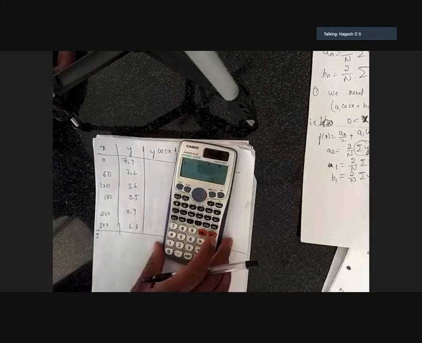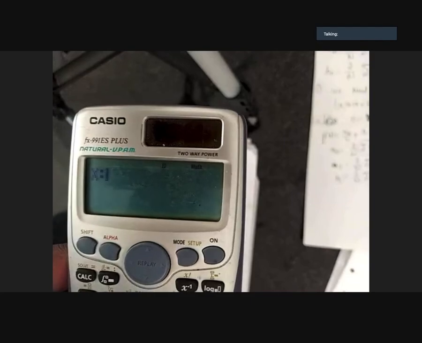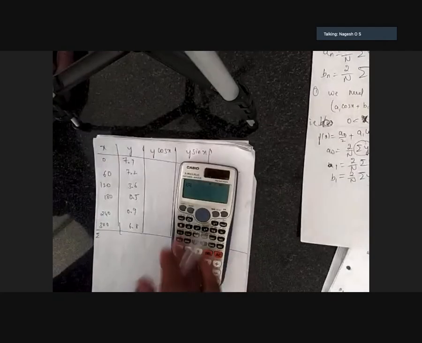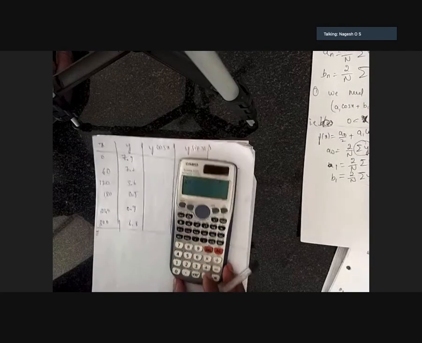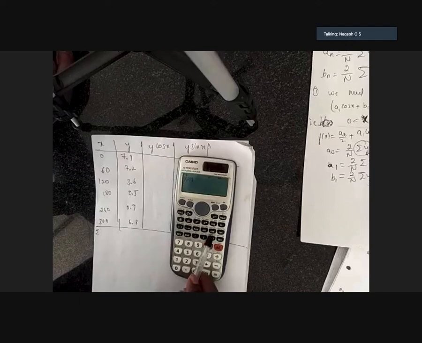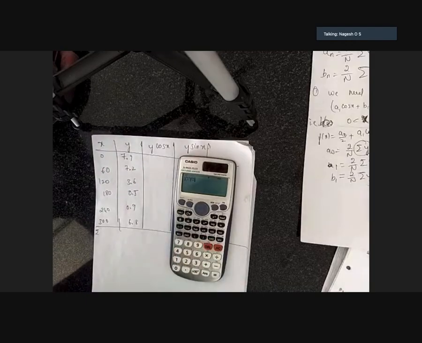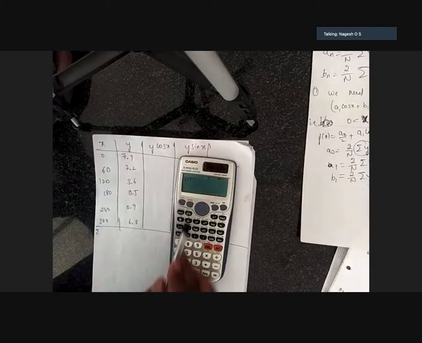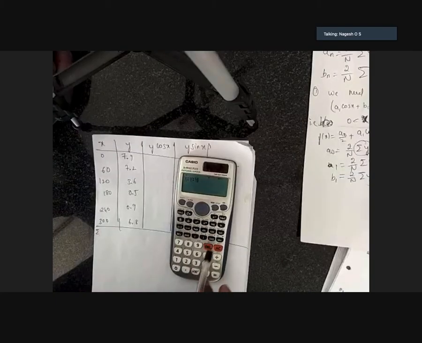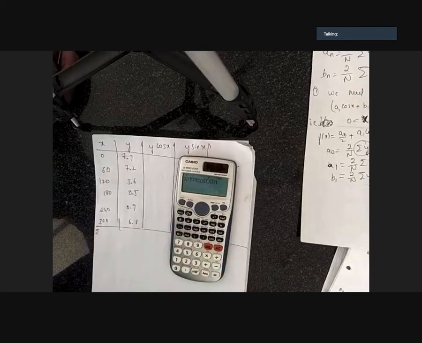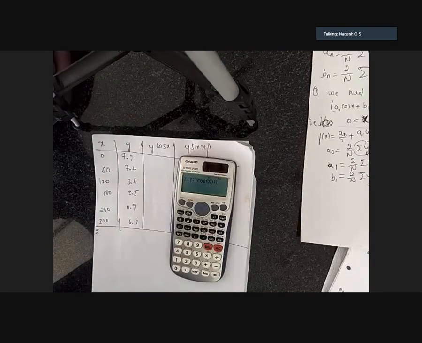Are you seeing? X colon, next colon, again alpha, then y, again this colon, y cos x, right? Alpha y, where is cos? Above this y only, cos alpha x, close the bracket, alpha, this colon.